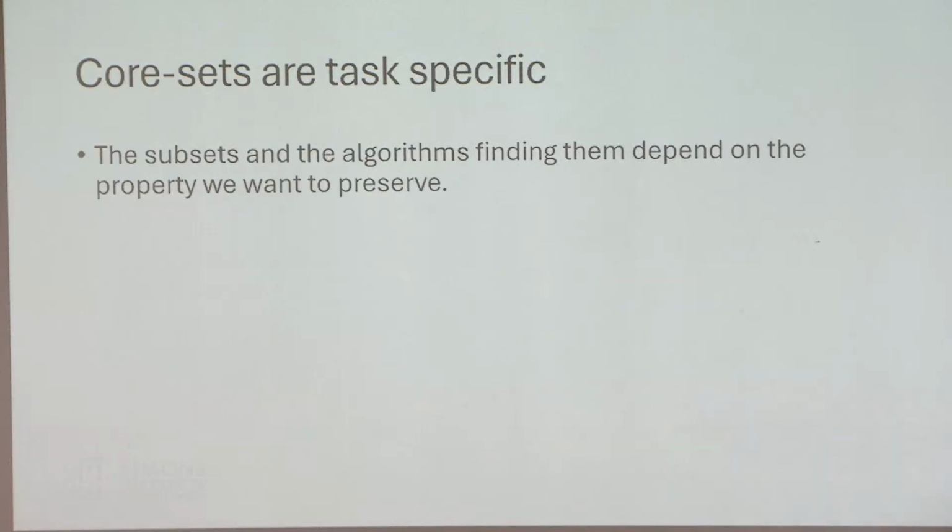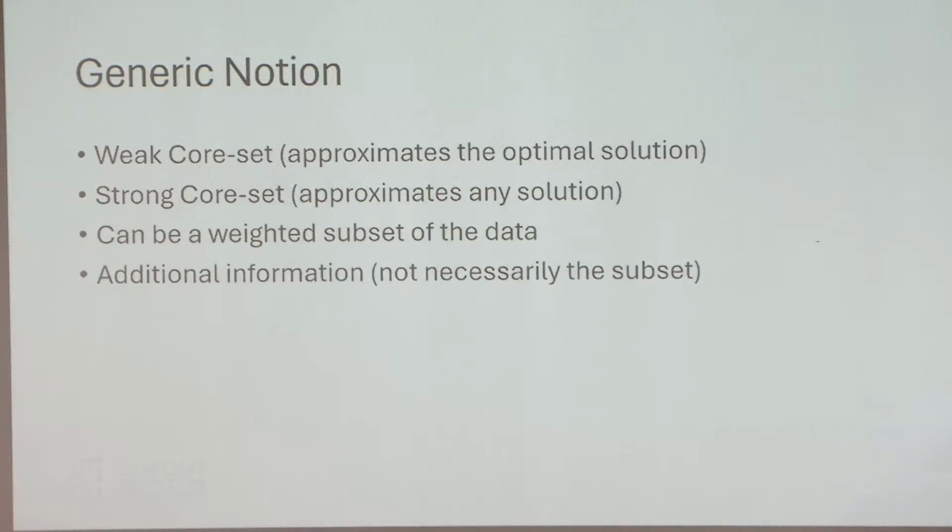I want to mention that coresets are task-specific, meaning that for different problems or different properties that we want to preserve, the set that we are looking for might be different, and the algorithms to find them might be different. Also, coresets are a generic notion, meaning that many variants of coresets exist.